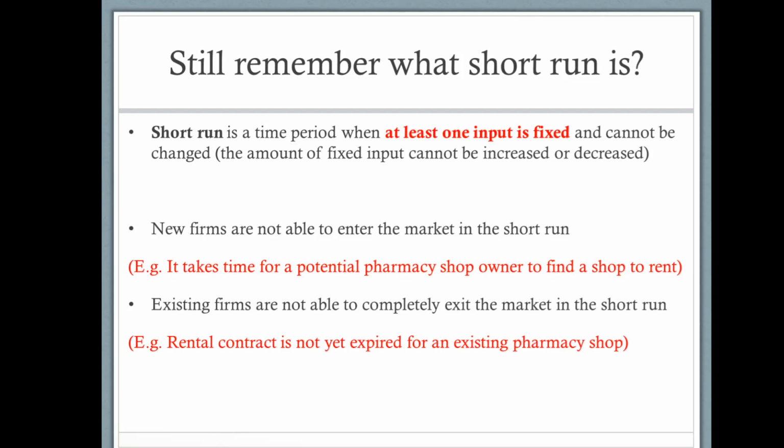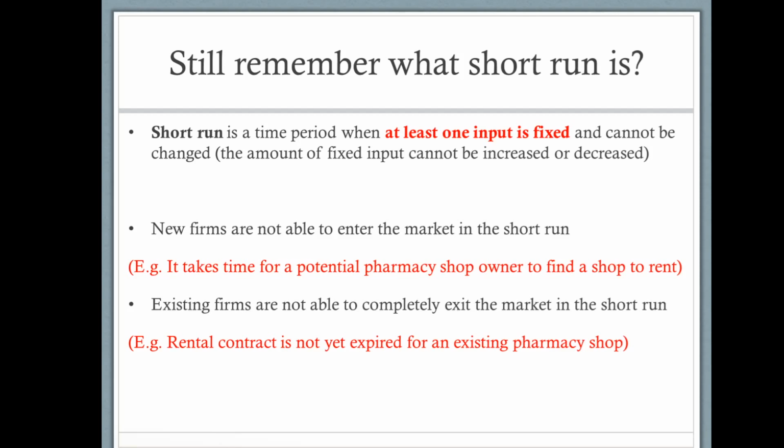Because of the short run, we can come up with these two points. New firms are not able to enter the market, and the existing firms are not able to exit the market. That is what we can see in the short run. They are very important because you will see the difference when we go to the long run. In the long run, the two points will be in exact opposite.